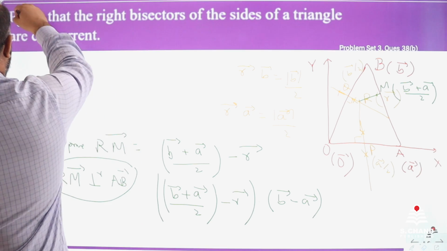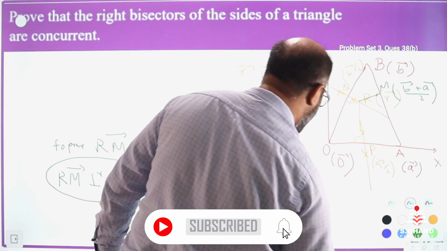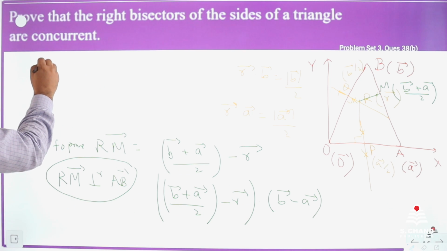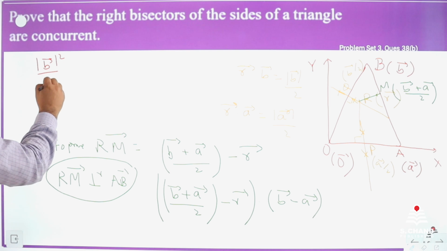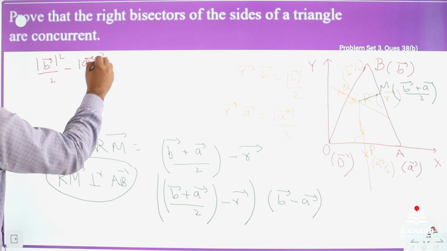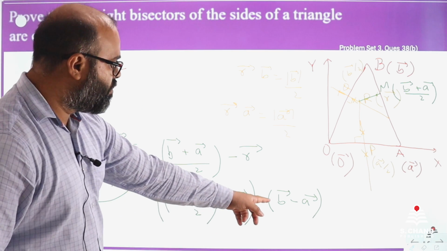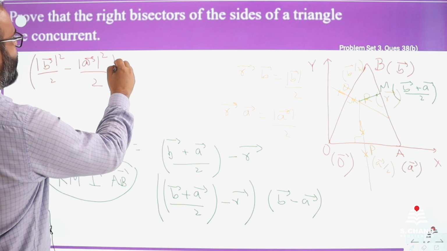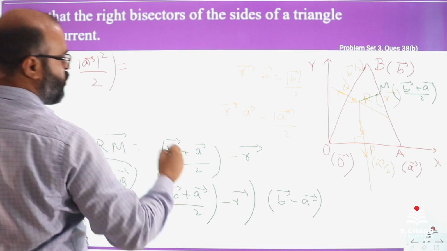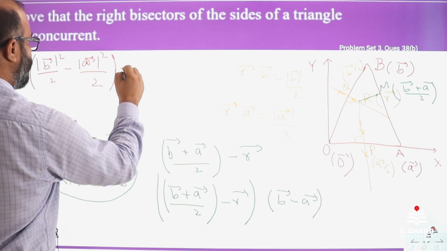So we have B plus A by 2 dot B minus A by 2, that will give you B mod square by 2 minus A mod square by 2, minus R dot B minus A. This is minus, so this is actually minus here. So minus R dot B minus A.